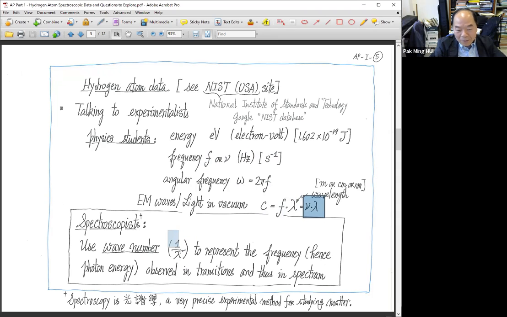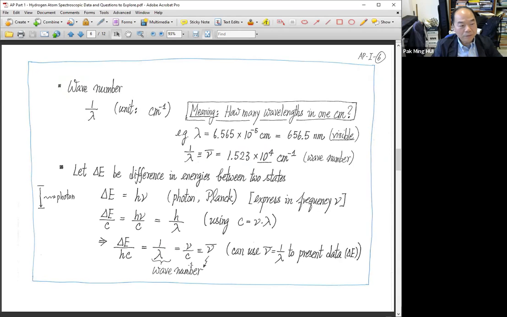So what is the wave number, 1 over lambda? Very simple. The unit is centimeter inverse. It means the following. In 1 centimeter, how many wavelengths is that particular light in vacuum? So that number refers to how many wavelengths there are in 1 centimeter.